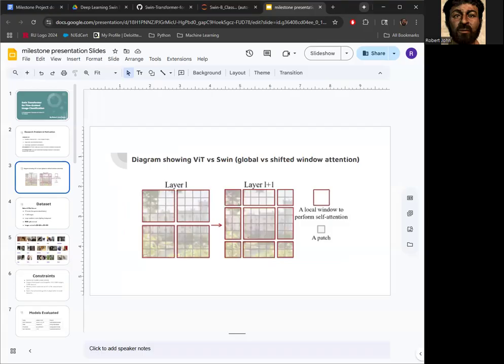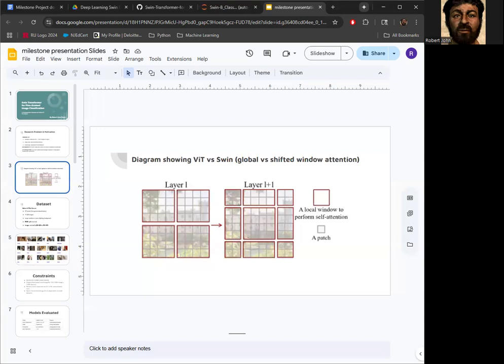Here's a key difference between a standard vision transformer and Swin transformer. On the left, we have the traditional vision transformer. Attention is globally calculated. Every patch can attend to every other patch. That's powerful if you think about it, but it's also computationally expensive, especially for high resolution images.